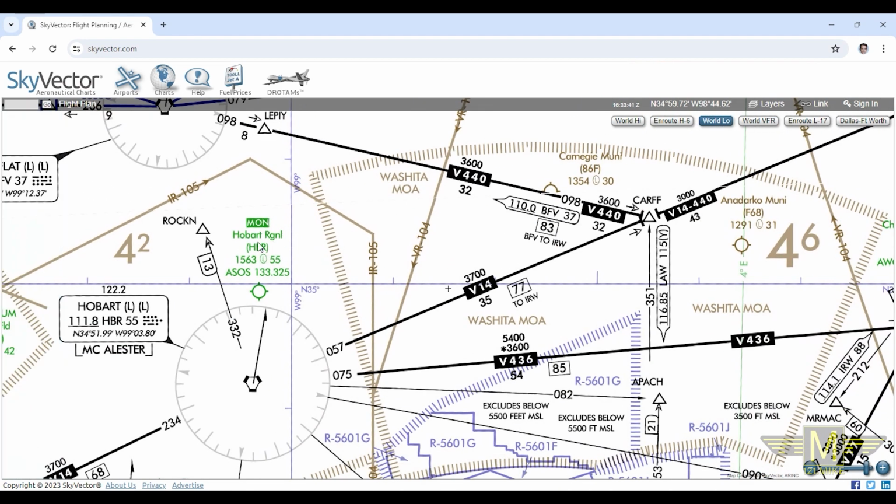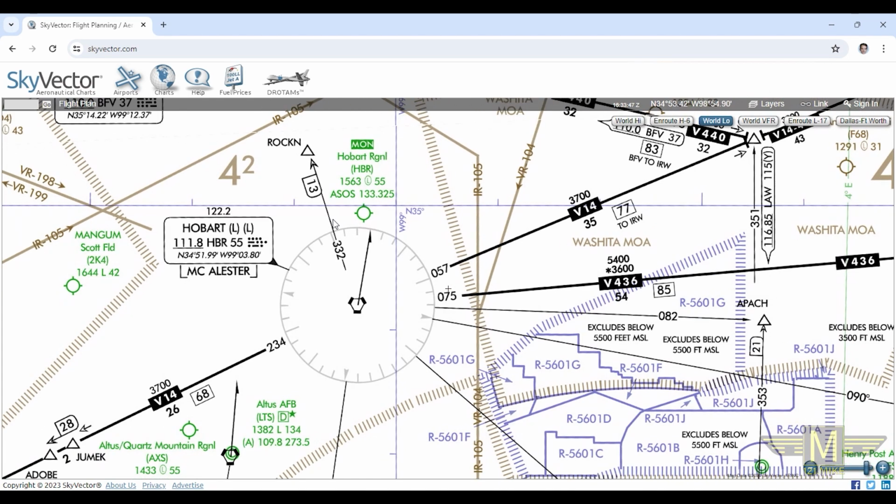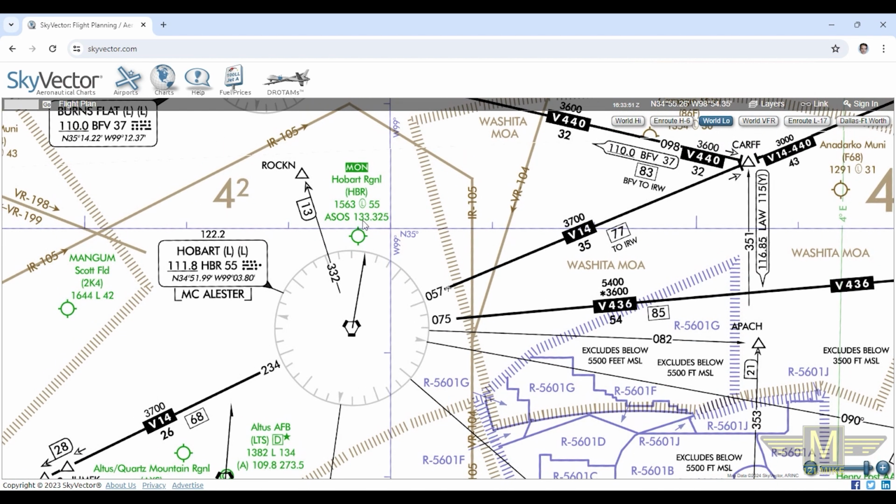Over here in Hobart, this particular one is part of the minimum operational network. That's what that means. It does have an instrument approach, right? It's green, so it's going to be published in the TERPs. And we've got this funny-looking intersection out here, identified on the 13 DME on the 332 radial from the Hobart VORTAC.